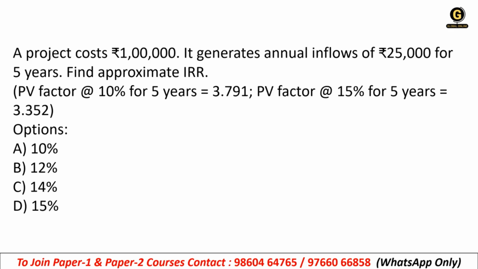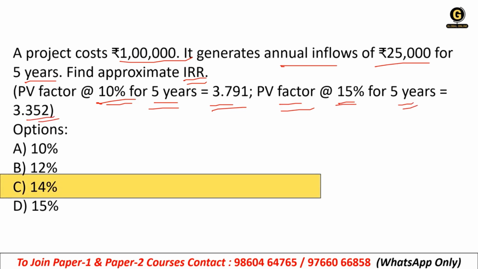Next, a project costs 1 lakh, it generates annual inflow of 25,000 for 5 years. Find approximate IRR. Okay, PV factor at 10% for 5 years is calculated. PV factor at 15% for 5 years is 3.352. Okay, the right answer will be 14%.